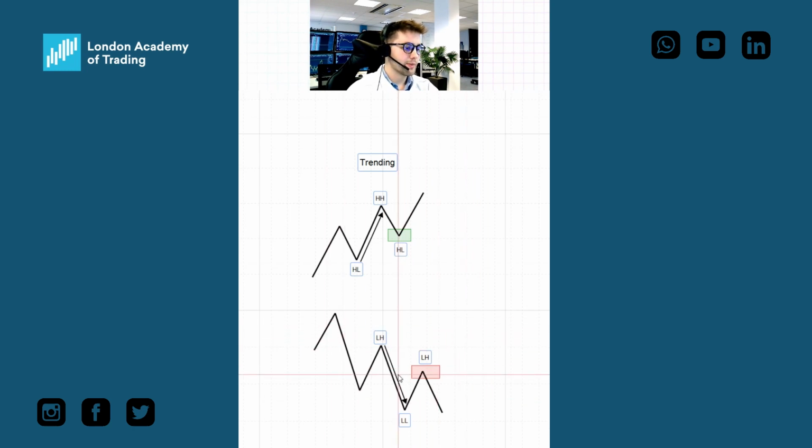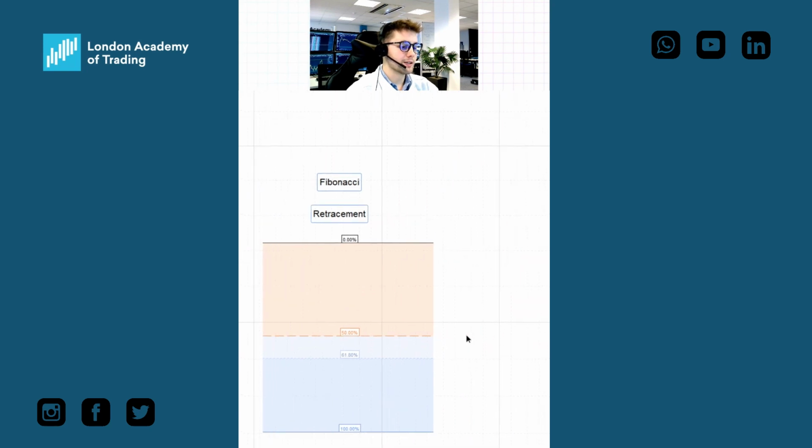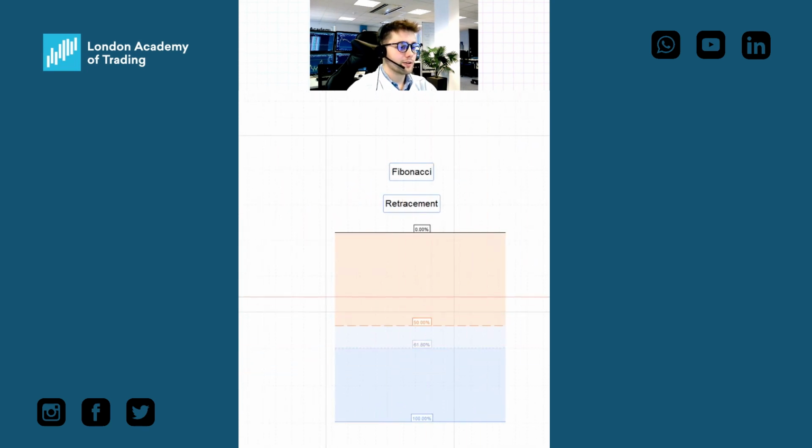Now, within a trending market, we would normally expect to see this pullback retrace a certain percentage of that prior move up or that prior move down. And this is where the Fibonacci retracement comes in to help. We would generally expect to see these retracements come back either 50% of the prior move up or 61.8%.